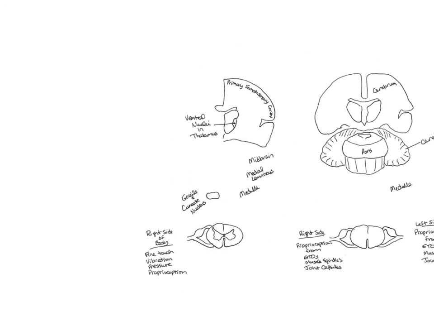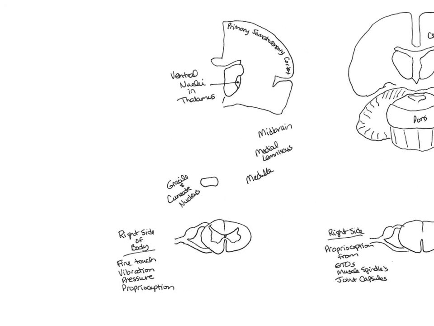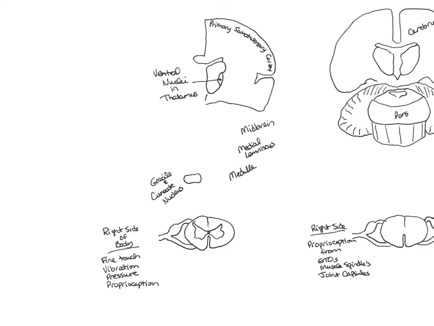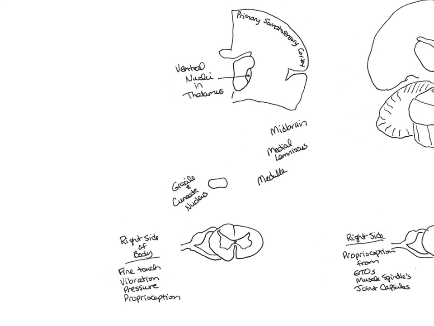Okay, let's take a look at the posterior column pathway. This is the gracile and cuneate, right? We're talking about the gracile and cuneate. And if you remember, we talked about the nucleus. So the gracile and the cuneate nucleus is in the medulla.